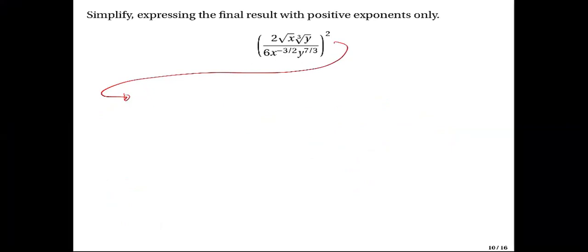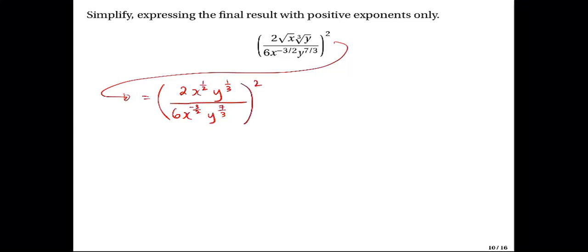This expression, you can write as 2x raised to 1 half, y raised to 1/3, divided by 6x raised to negative 3 halves, y raised to 7/3, and then everything raised to power 2.